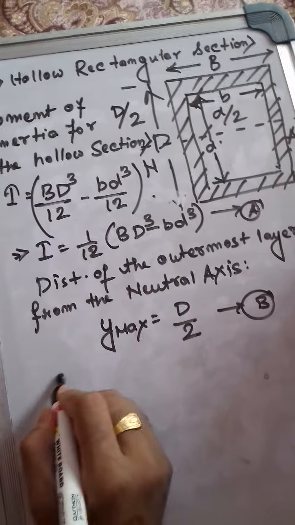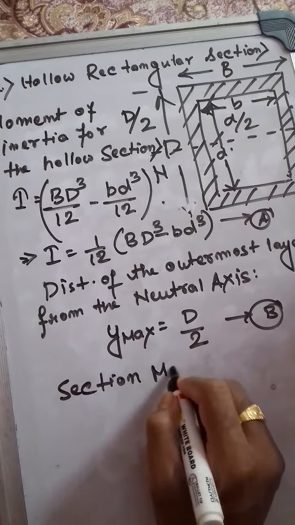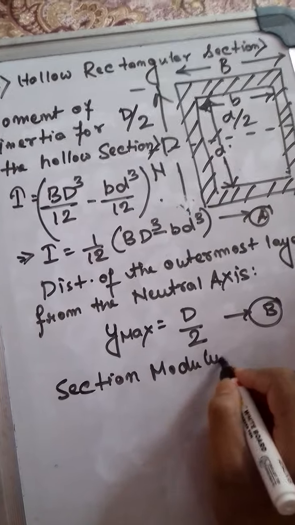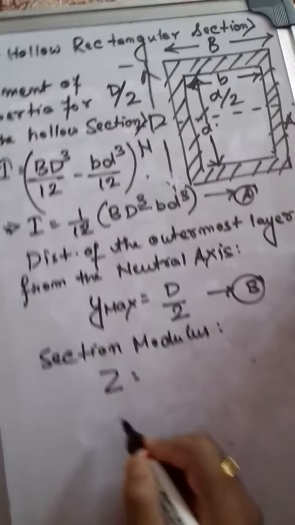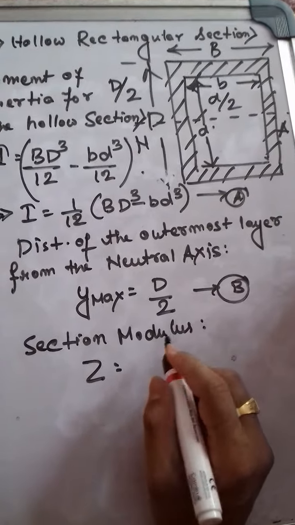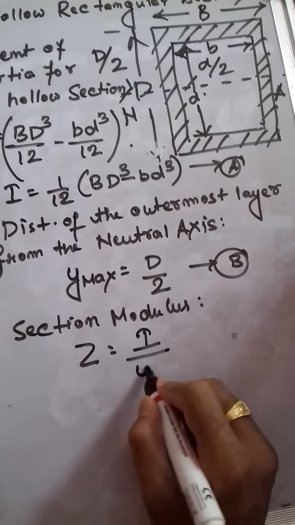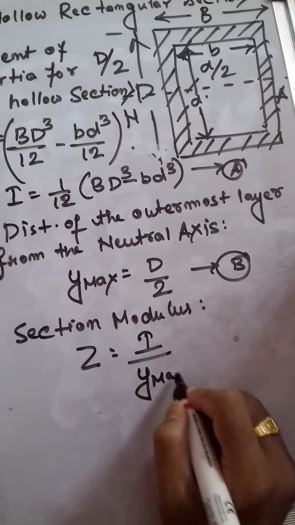So now we know section modulus can be defined as Z is equal to I divided by the distance of the outermost layer from the neutral axis.